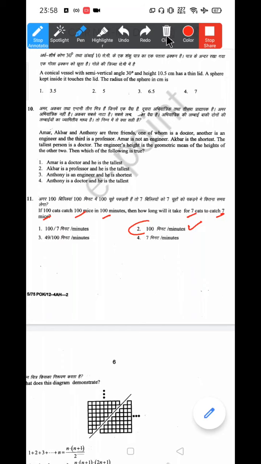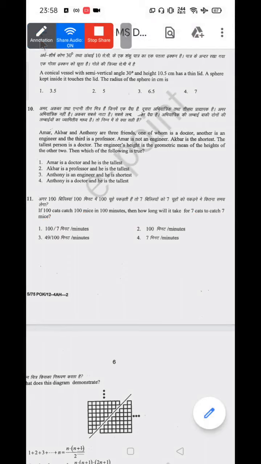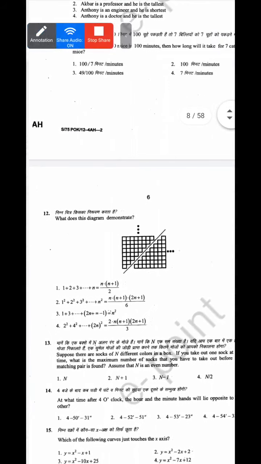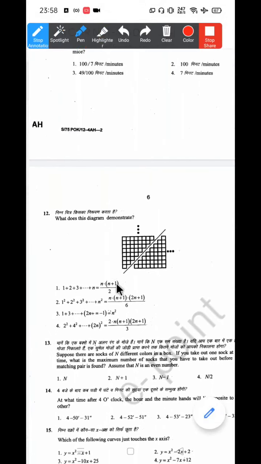What is next? Yeah, this is quite good. They want to ask what this formula is. Suppose we want to find the whole area. This is n into n plus 1 by 2 or something.